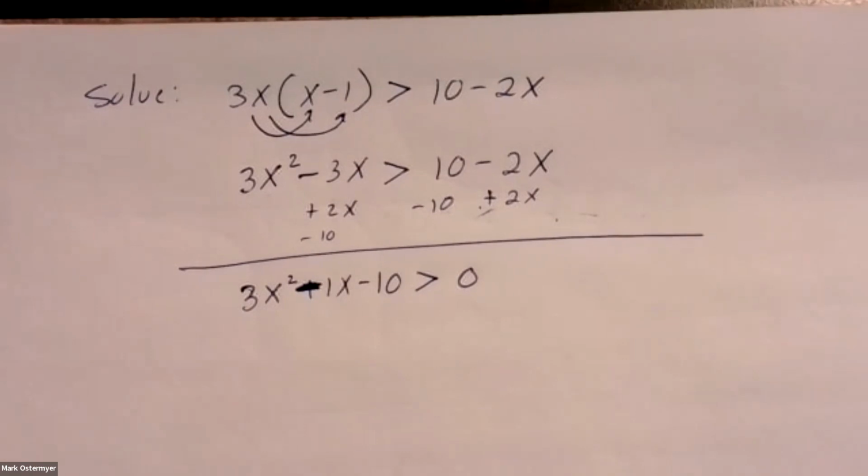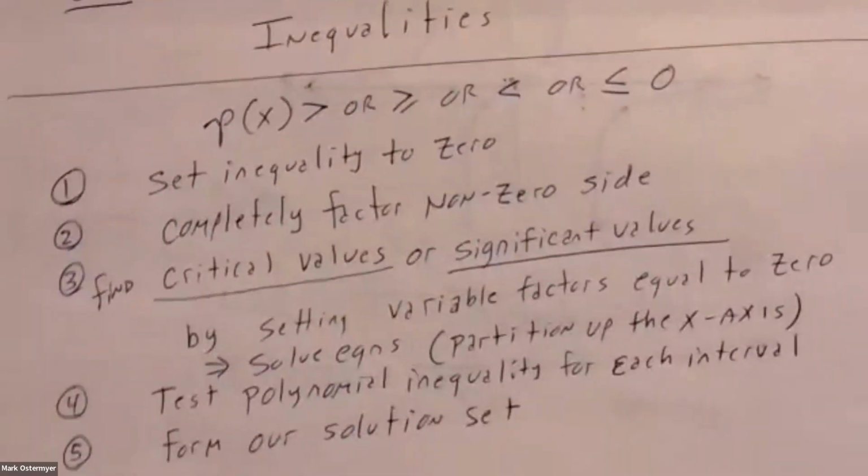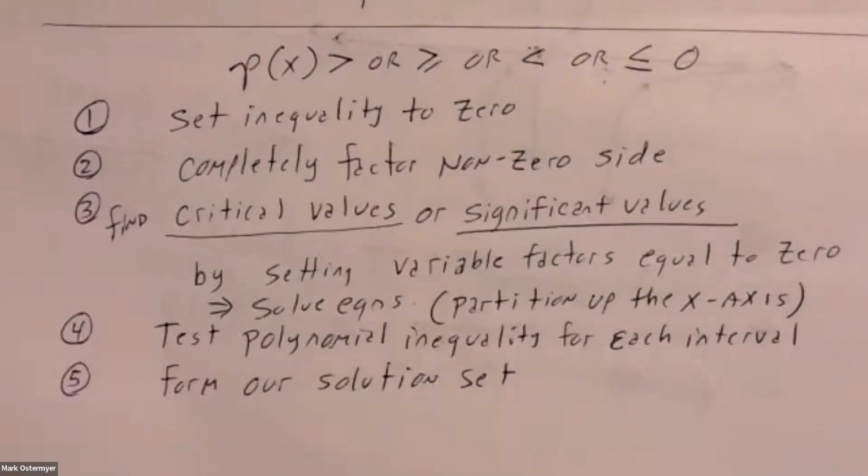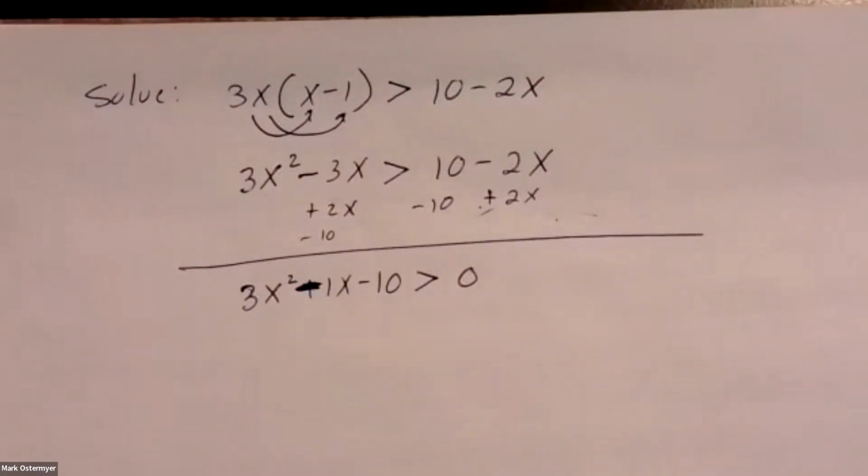All right. Now, what's the next step? Do you remember? After I get my inequality set to 0, what do I do next? We've got to try to completely factor that left side. Do you agree? So we have to factor this trinomial. And unfortunately, it's a nasty one to factor. It does not have a leading coefficient of positive 1.